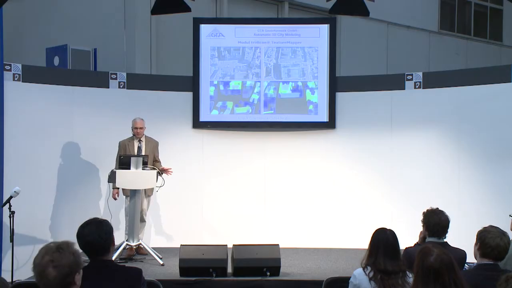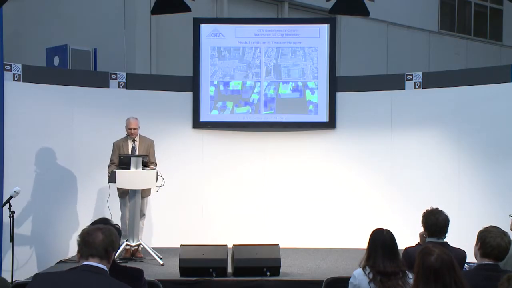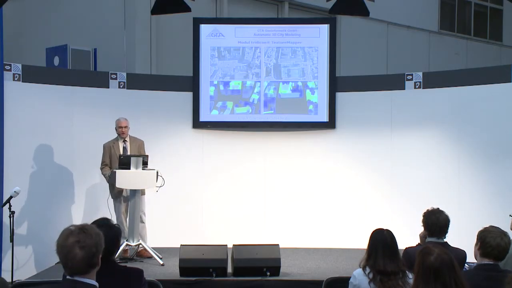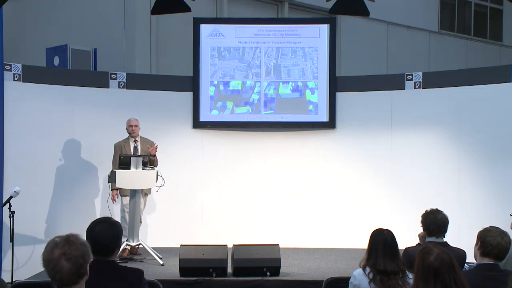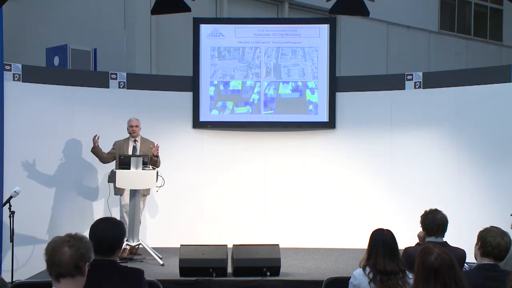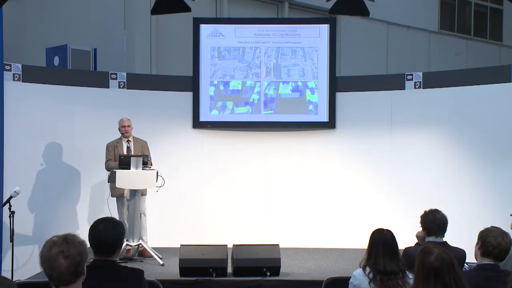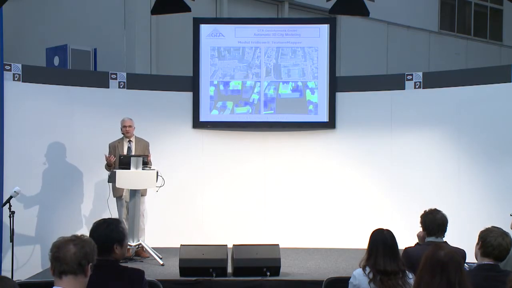So I should say a little bit more about texturing. I still have time. So texturing, how does this work? Of course, you have to make sure that you do not texture one building with a picture that only includes another. So the first step is you have to calculate occlusion.